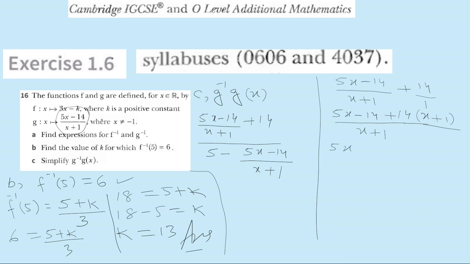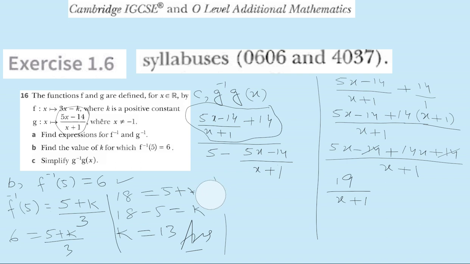So 5x minus 14 plus 14 multiplied by x is 14x. 14 multiplied by 1 is 14, upon x plus 1. This 14 cancels by this 14, and 14x plus 5x is 19x upon x plus 1. So this is the answer of this whole denominator.